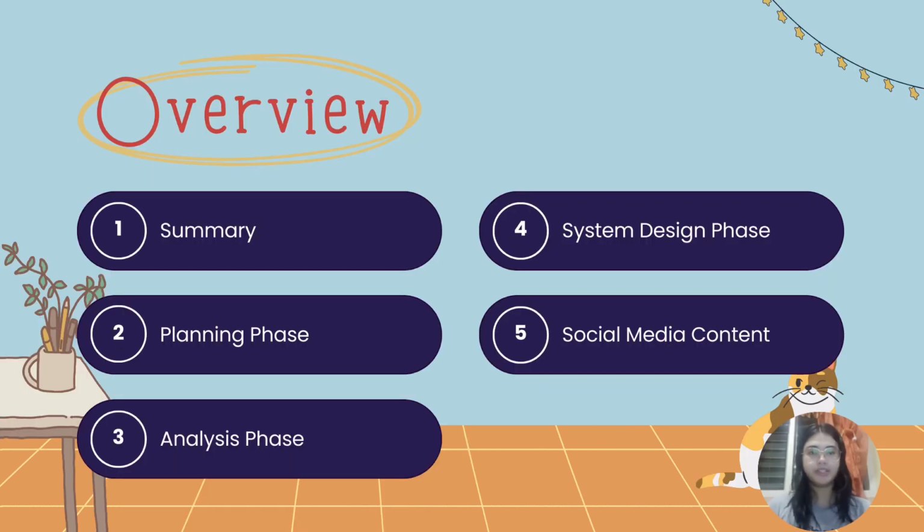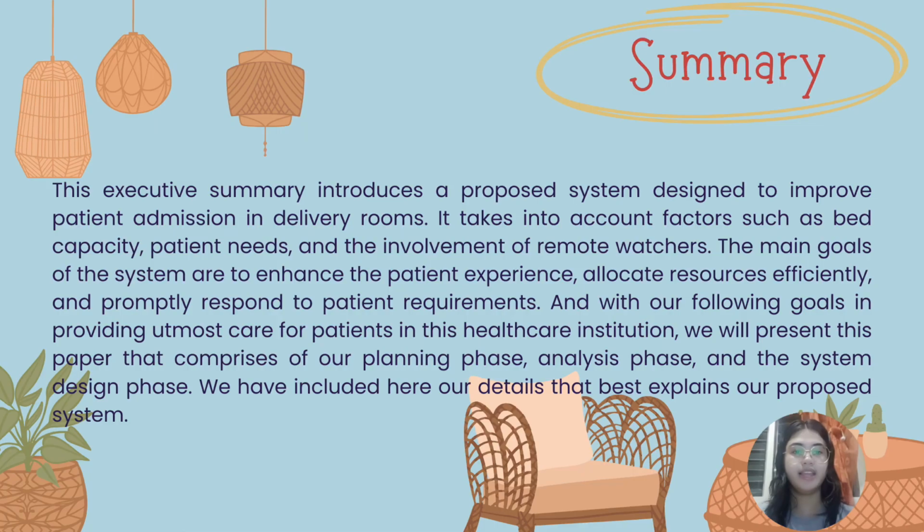So presented on our screen is the overview of our whole presentation. First is our executive summary, followed by our planning phase, analysis phase, and system design phase, along with the designated contents. The executive summary introduces a proposed system designated to improve patient admission in delivery rooms. It takes into account factors such as bed capacity, patient needs, and the involvement of remote watchers.